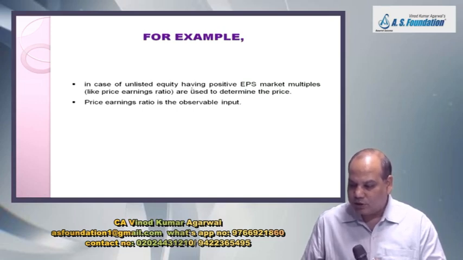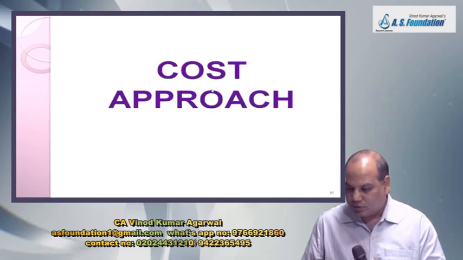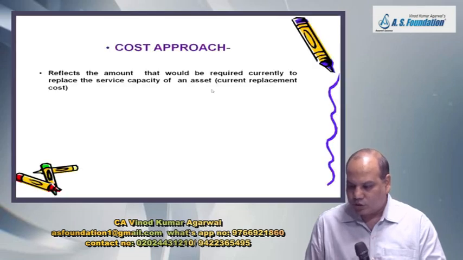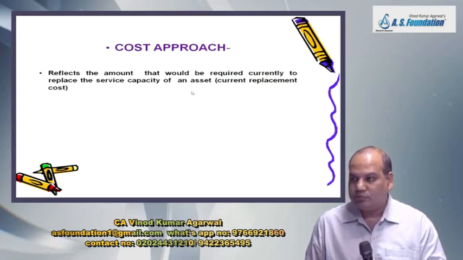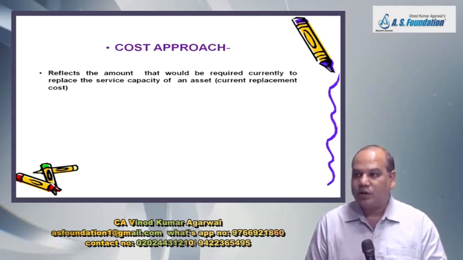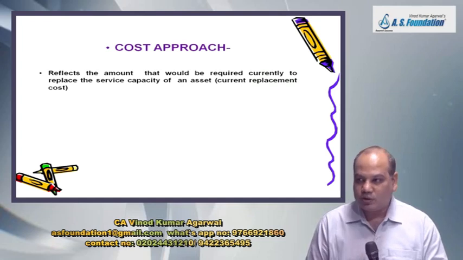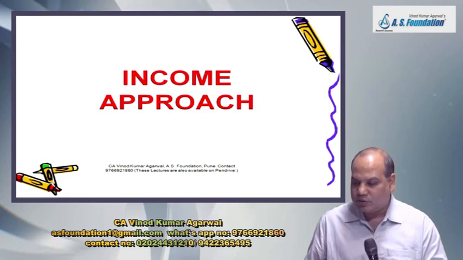In the case of unlisted company equity that we have discussed, what about cost? Cost model is not used much, but cost means current replacement cost. How much will it cost to replace the service capacity of the asset today? That is, what is its current replacement cost?